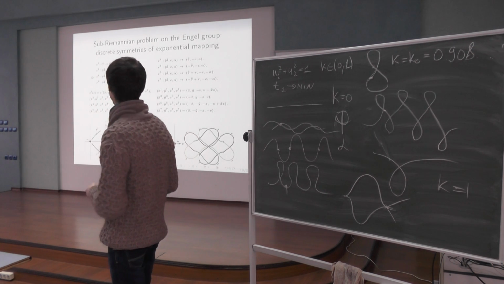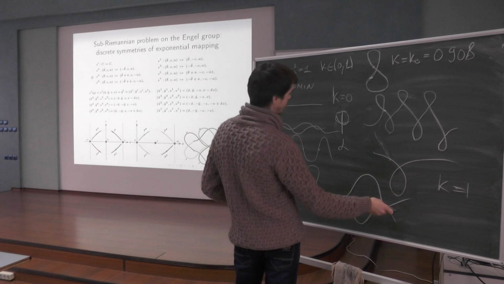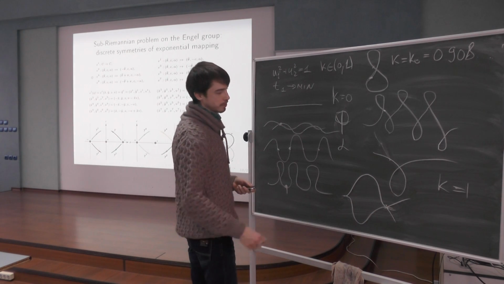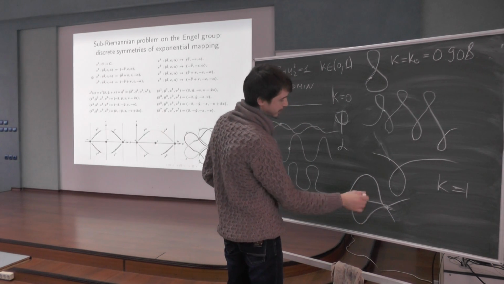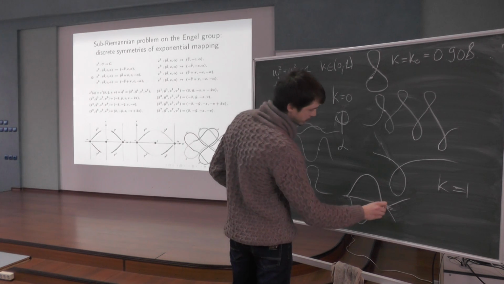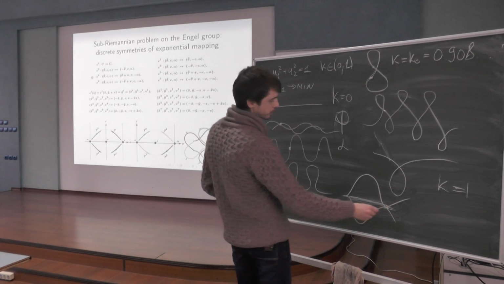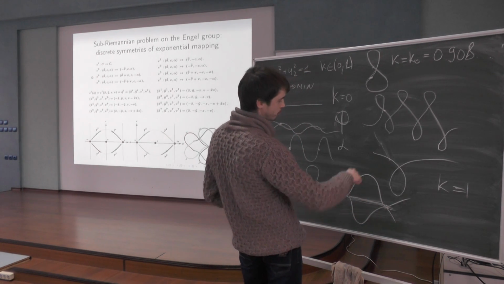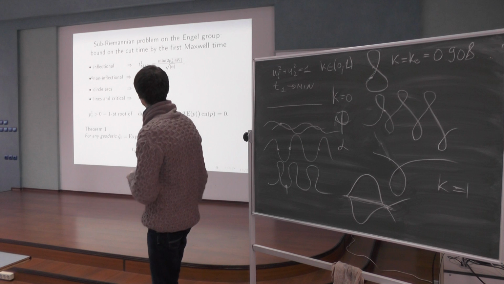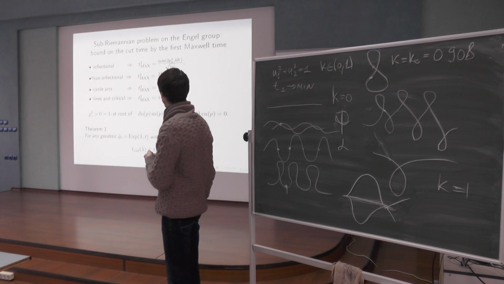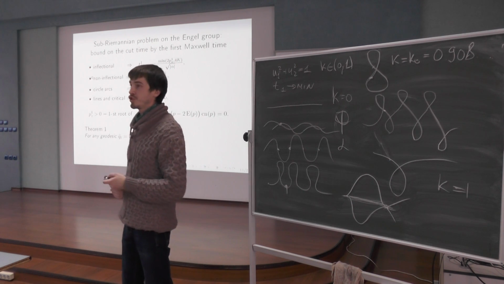Fixed points in the image mean that we have the same endpoint, and fixed points in the pre-image mean that the symmetry doesn't change the trajectory, so after the symmetry the trajectory coincides. So in the pre-image points should not be fixed, so we can obtain two different trajectories. In the end we obtain the Maxwell time, and now we have an upper bound for the cut time. So we know that after the Maxwell time the trajectory is not optimal.